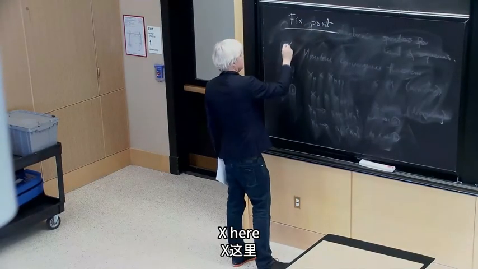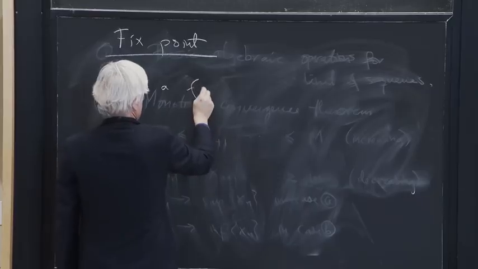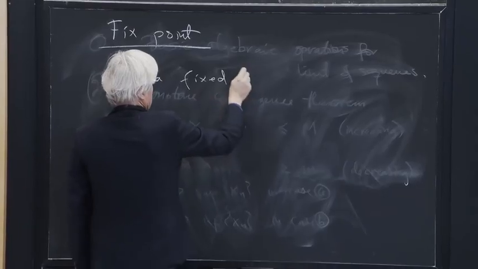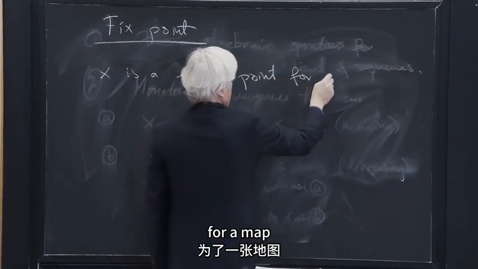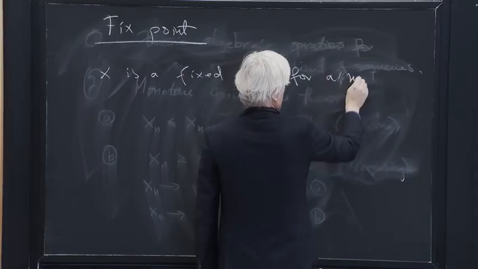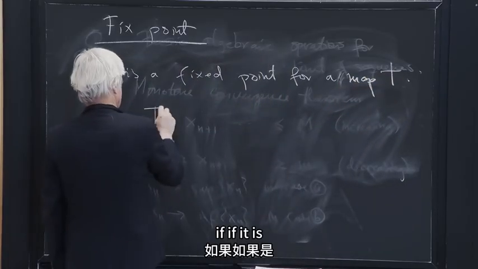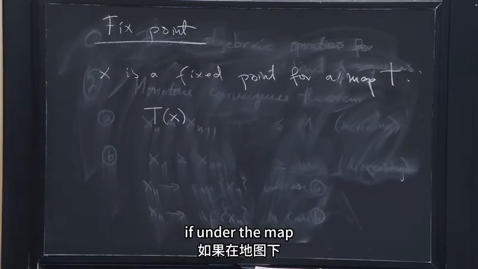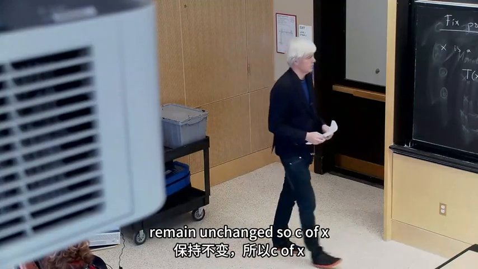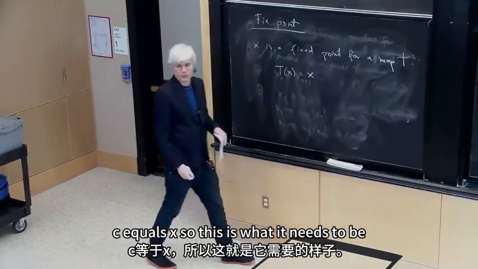So x here is a fixed point for a map T if under the map the points remain unchanged. So T of x is equal to x. So this is what it means to be a fixed point.